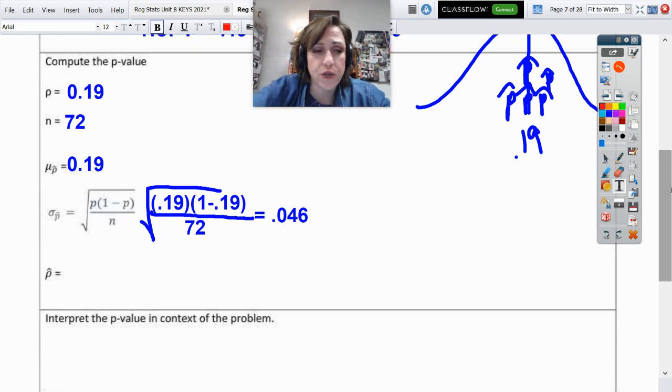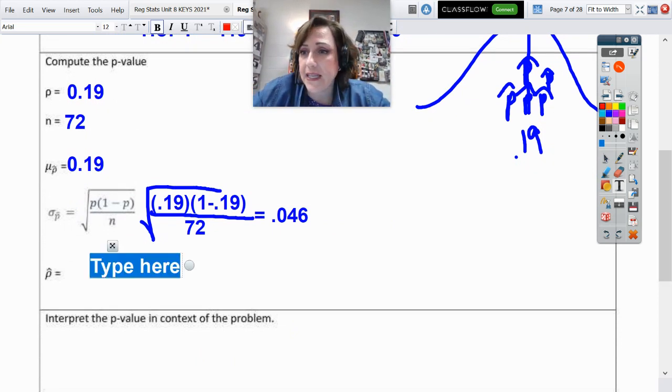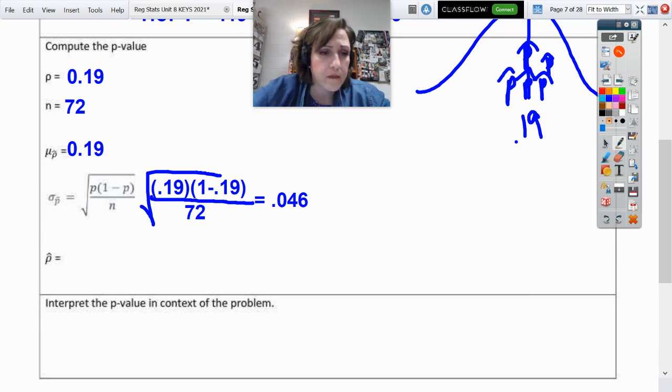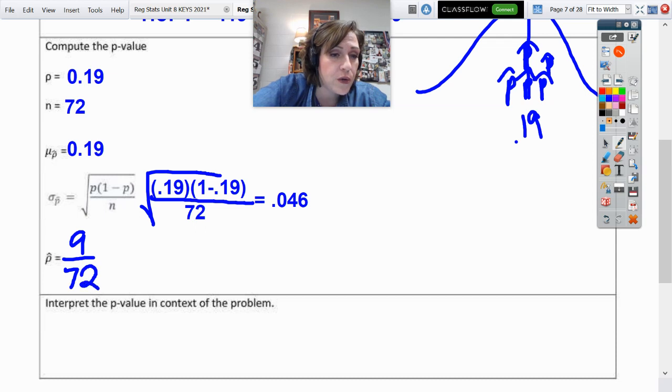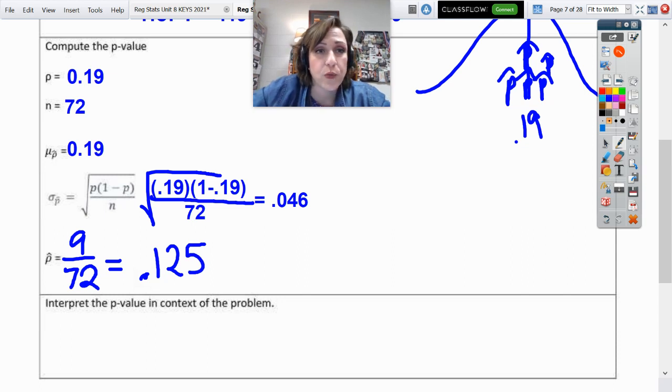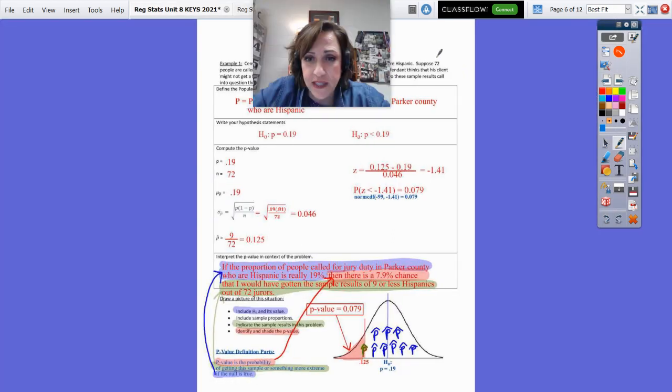You did not want to make it into a fraction. You just put 9 there. Or on the test, it was a 10, I think. So anyway, 9 out of 72, which is 0.125. You could round to 0.13 if you wanted. I don't know if I did on the answer key. No, I didn't. Okay, cool.